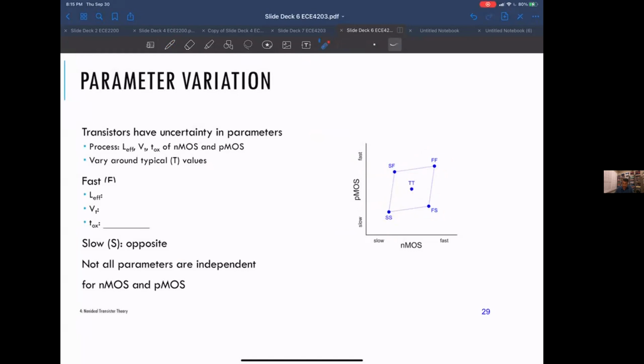The foundry is going to give you these models, and you'll have to make sure that your circuit will work under all of these conditions.